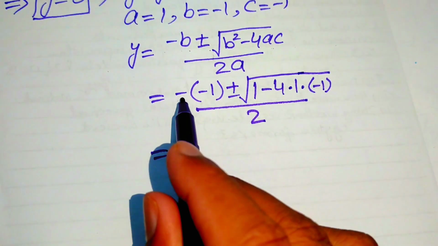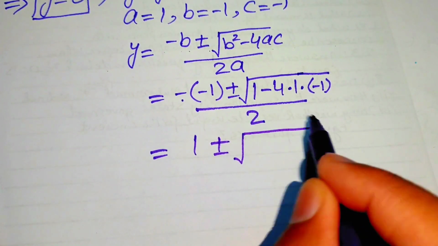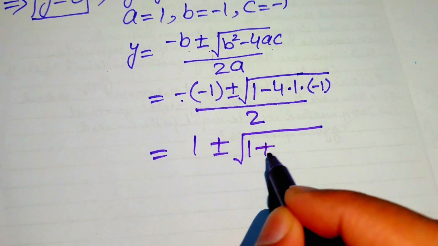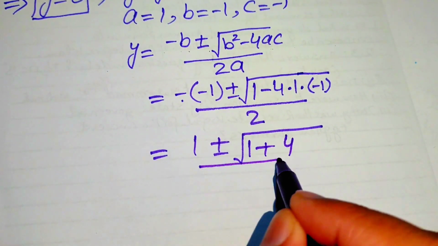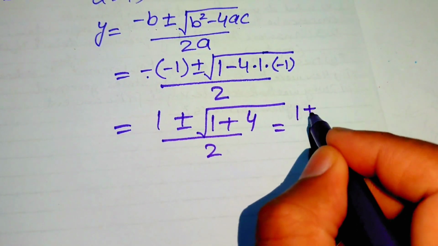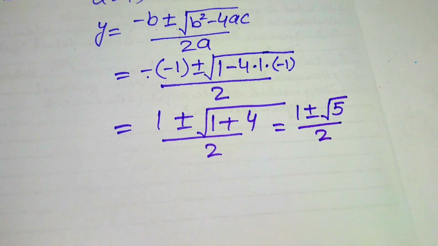In the next step, minus times minus becomes plus 1, plus minus square root of 1, and minus times minus becomes plus 4, this whole divided by 2. Now we simplify and get 1 plus minus square root of 5 divided by 2.